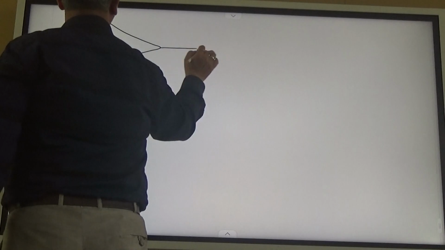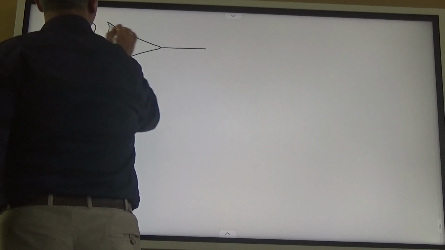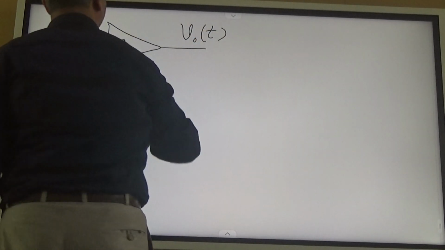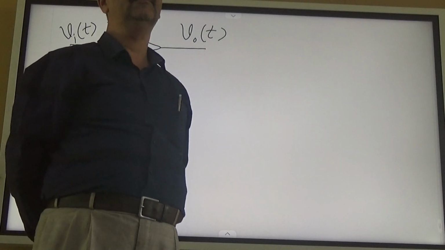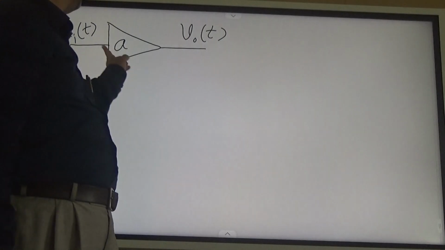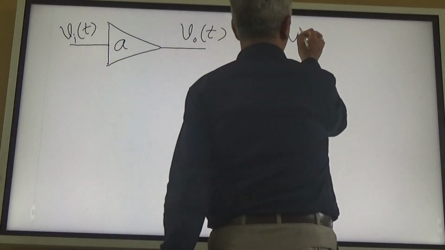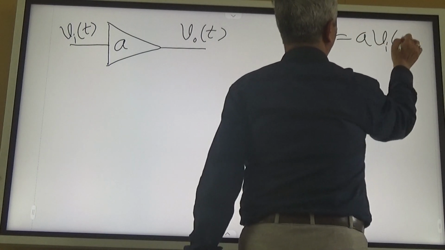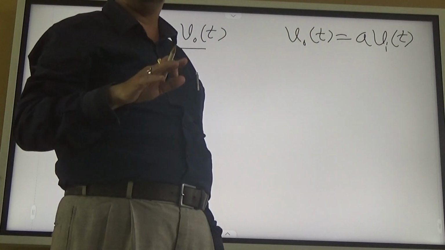An amplifier has Vin(t), Vout(t) and gain A. An amplifier of gain A means when input is connected at its input terminal, the output is Vout(t) equal to A times Vin(t), where A can be any real number, positive or negative.